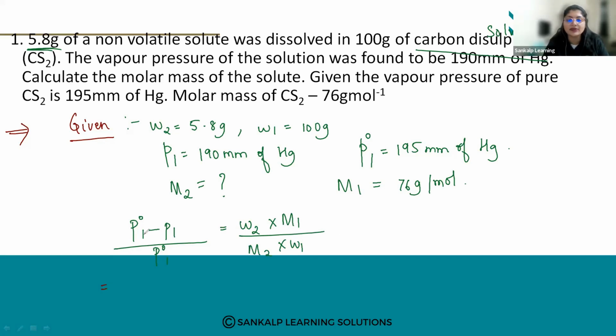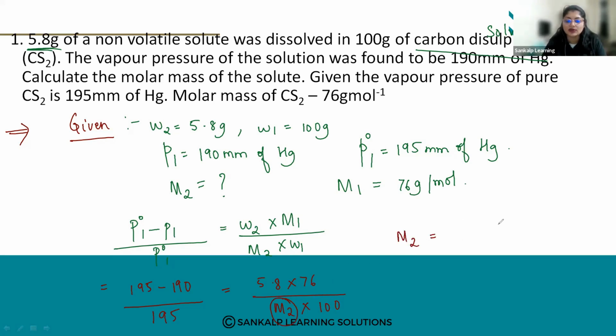P1 naught is 195 minus P1 is 190, divided by P1 naught is 195, equals W2 is 5.8 into M1 is 76 divided by M2. M2 we don't know, we'll keep it as this. And W1 is 100. The unknown thing is M2, so we'll transfer this M2 to this side.